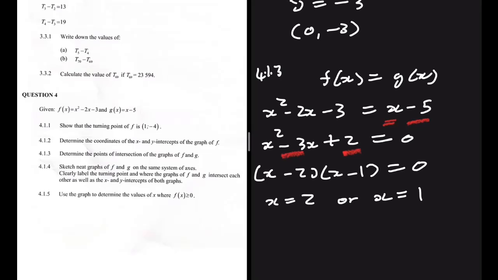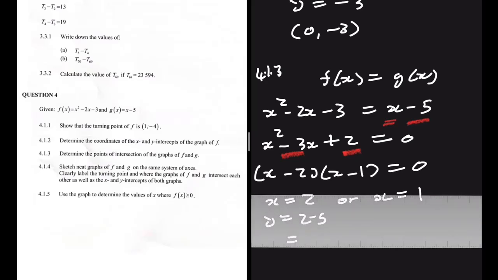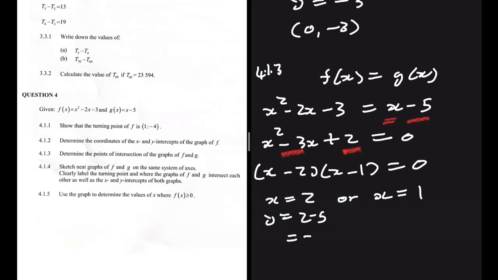We're supposed to find the points of intersection, not just the x values at which they intersect, so we have to find the corresponding y values. Let's do that. When x equals 2, what is y? If we use g of x, that is 2 minus 5, so y is minus 3.